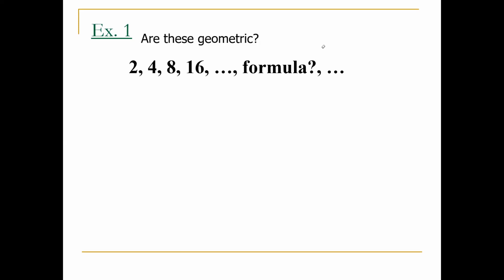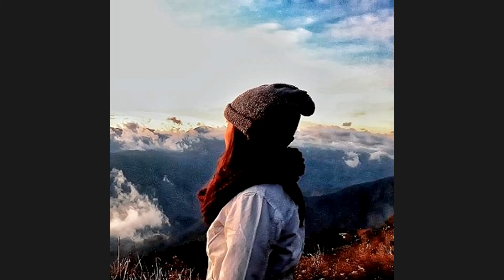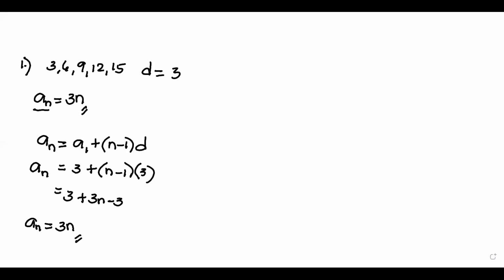Okay, so let's do this in the board. Let's use board domain. So number 1, the given is... then you're asked to find, we are going to identify if it's a geometric sequence, then let's write the formula.